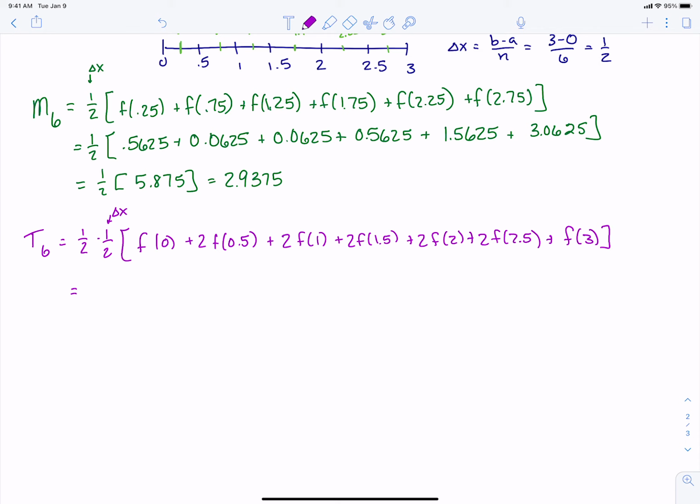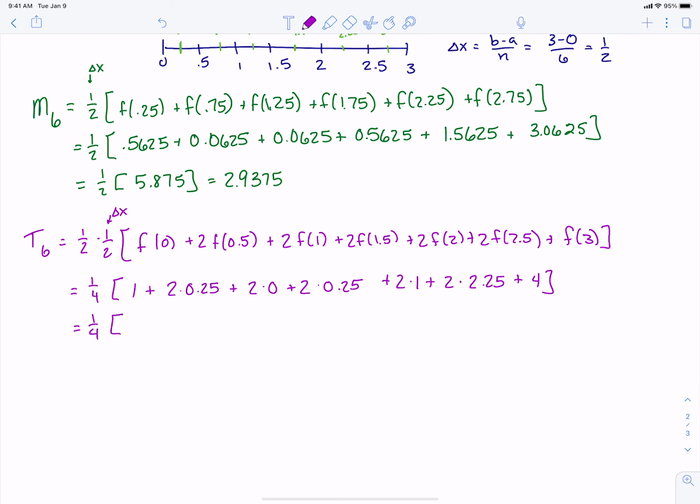So we're going to get 1/4, and 2 times a 4th, 2 times 0, 2 times a 4th again. Sorry again, super boring to watch me write multiplications down, but I want to make sure that you can go back later and see what we've done. And then that last one's 4, so we get 1/4 times 12.5, and that's 3.125.